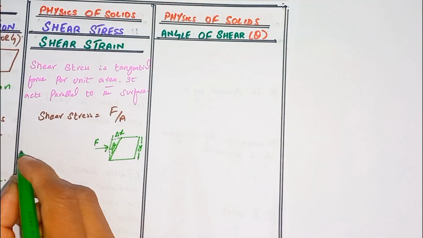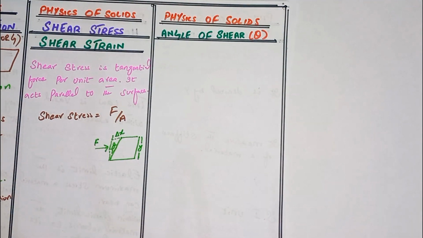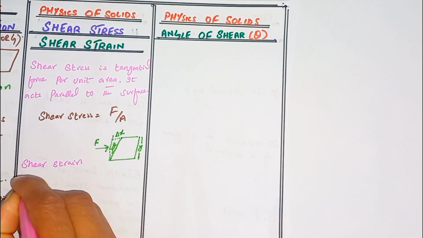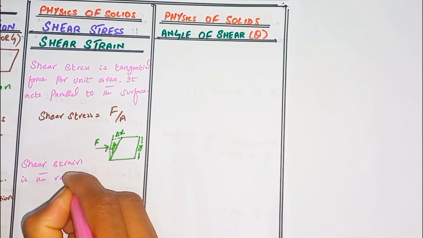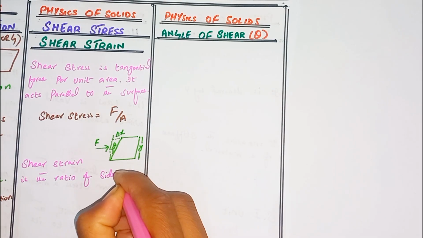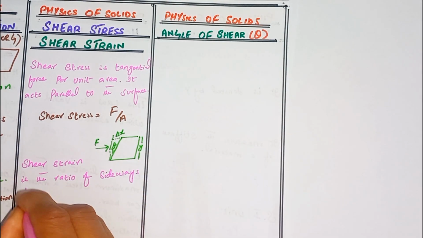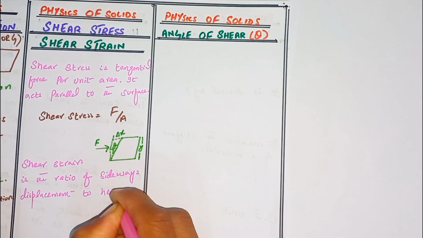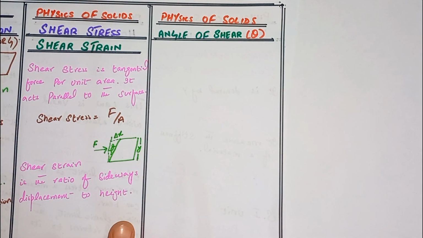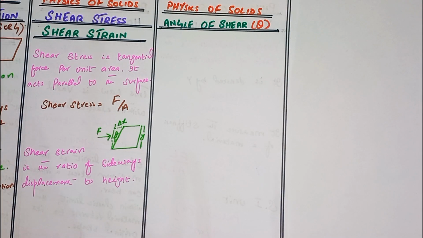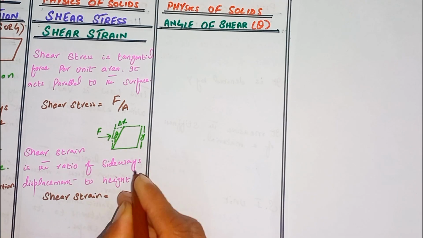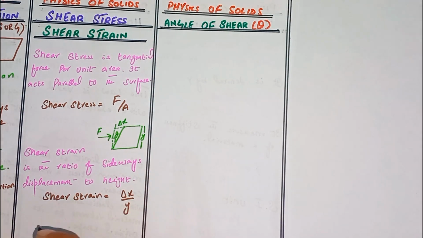So the shear strain is the ratio of sideways displacement to height. The formula of shear strain is the change in displacement over height, that is delta x over y.